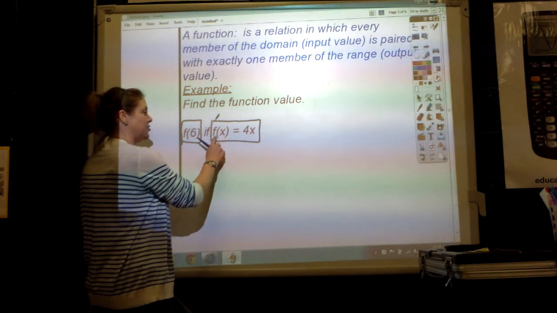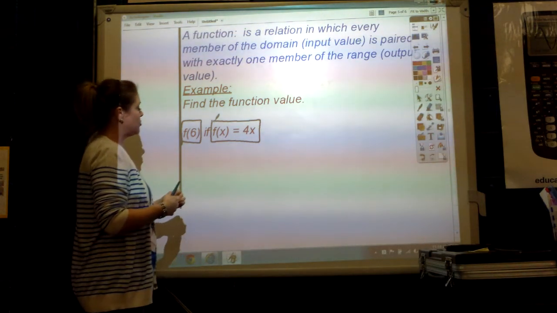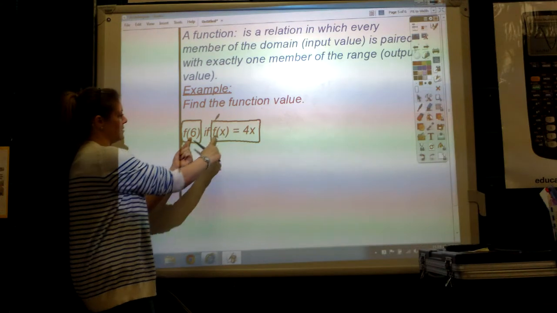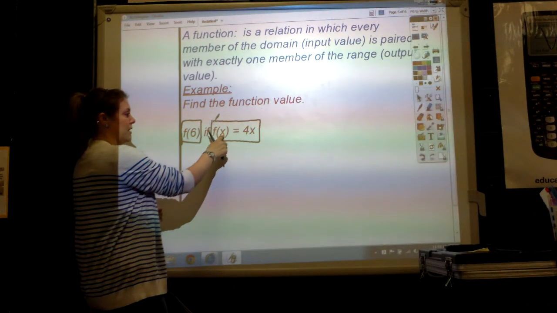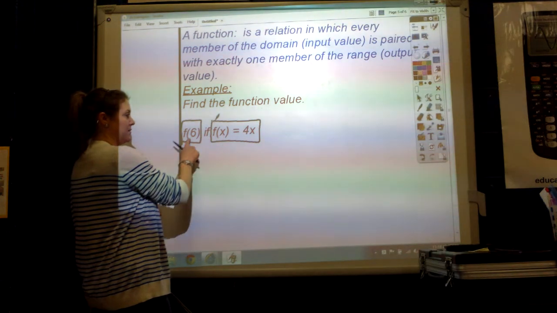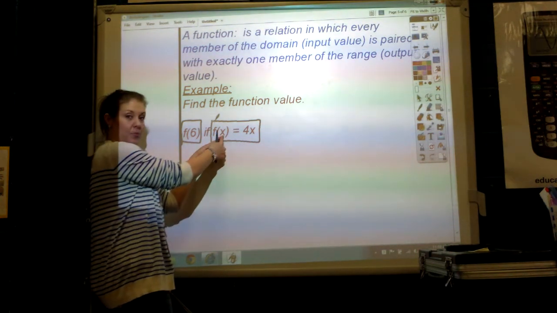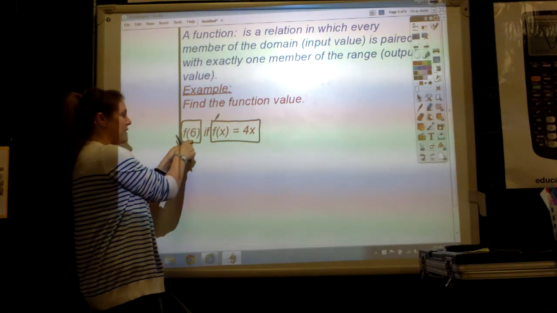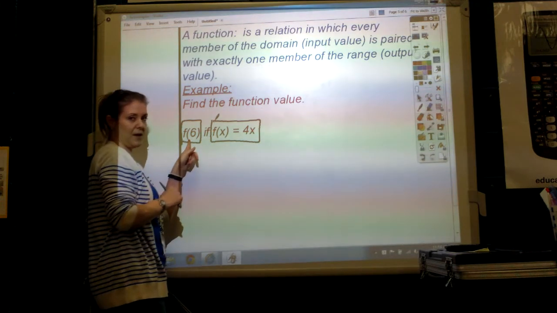So the function of x is equal to 4x. So what we're going to do is you want to look and see what's in those parentheses. We're putting a 6 in place of the x. If you notice, we start out in the function rule with x in the parentheses. Well, we want to find out what the value would be if 6 was put in place of that x.